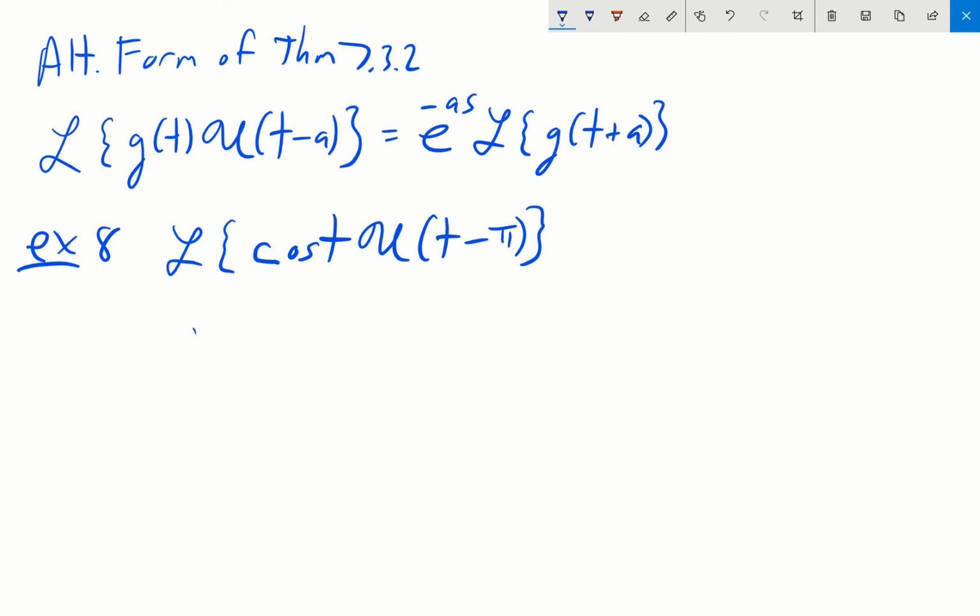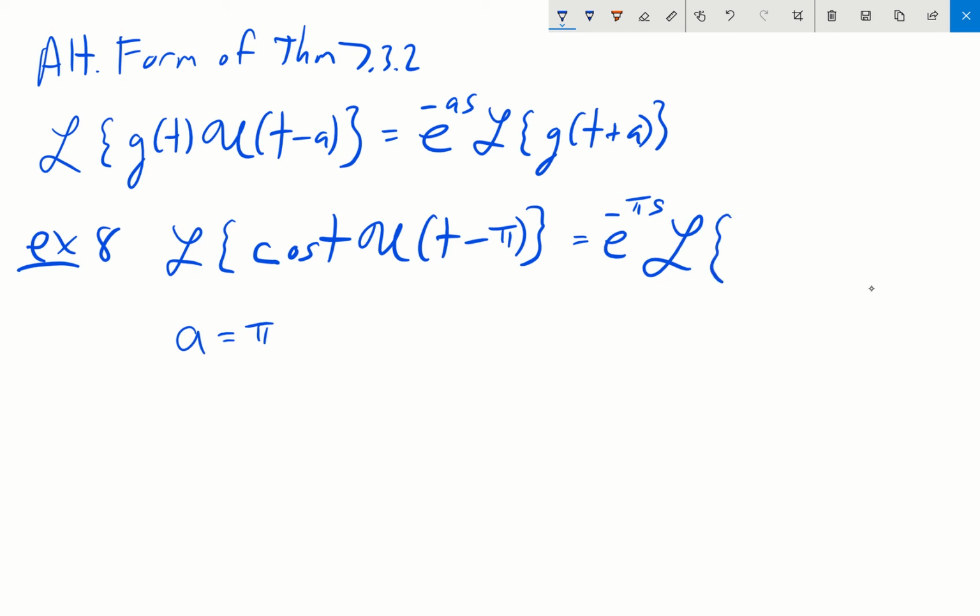I don't want to rush this one too much. Here we see that the a is played by the role of pi.